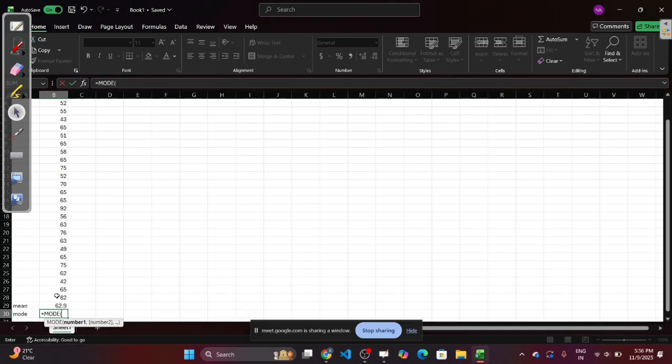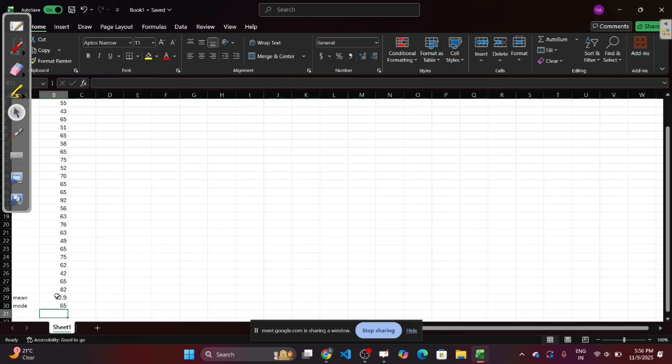Equal mode, okay. Function. So it is 65, right?